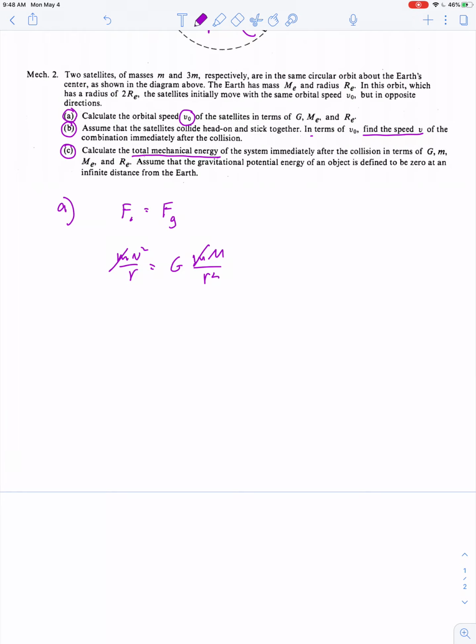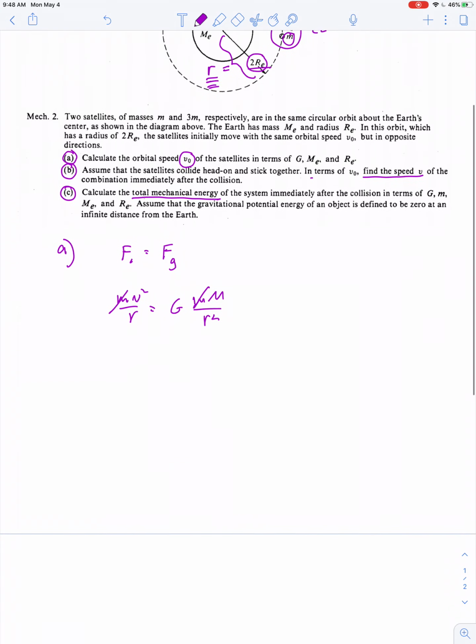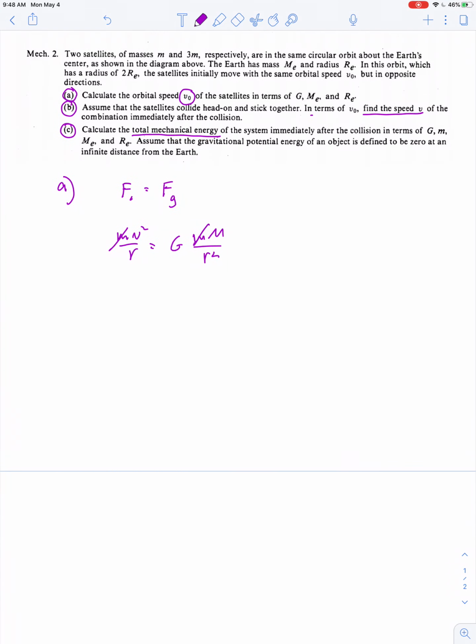And the mass of the satellite cancels out, so it doesn't matter whether we're talking about the satellite with the mass of 3m or the satellite with the mass of m, because they both orbit with the same radius. They should both have the same speed. And cancel out one of the r's, and we get the familiar result we've seen a lot in this unit of study, that orbital speed for a satellite that follows a circular track is the square root of GM over r.